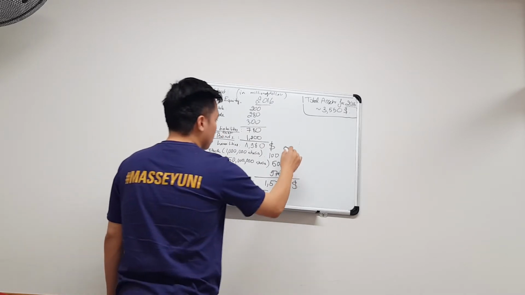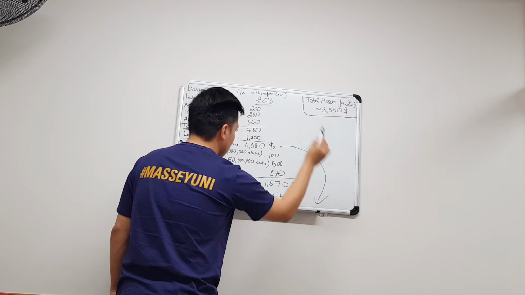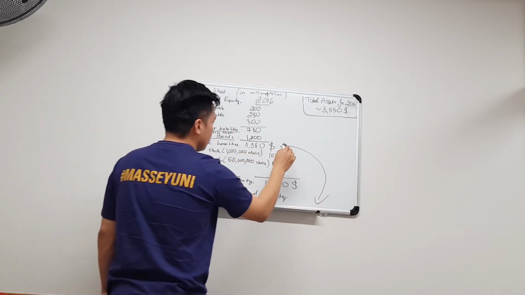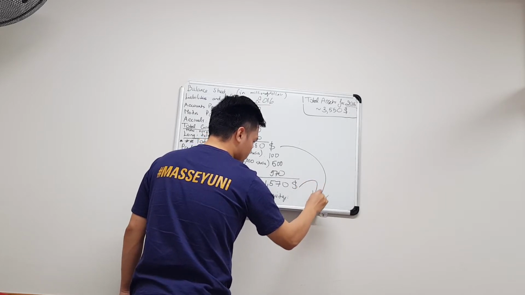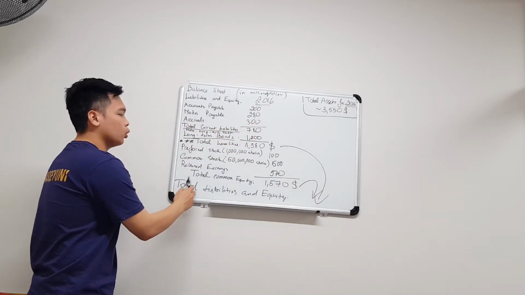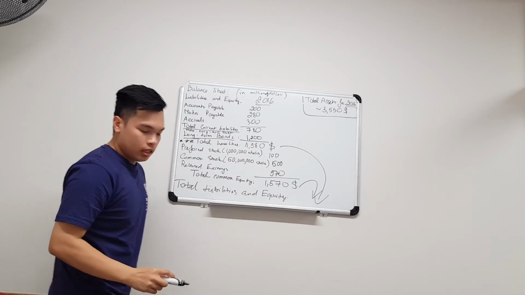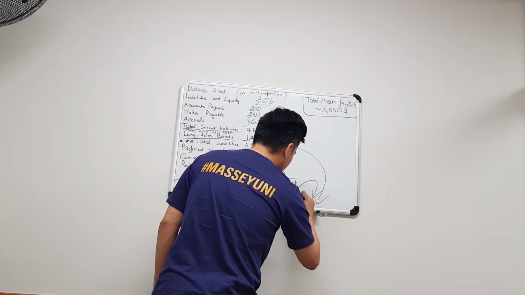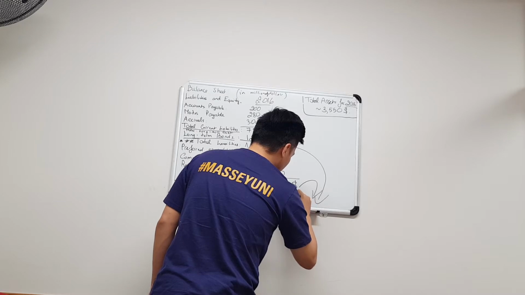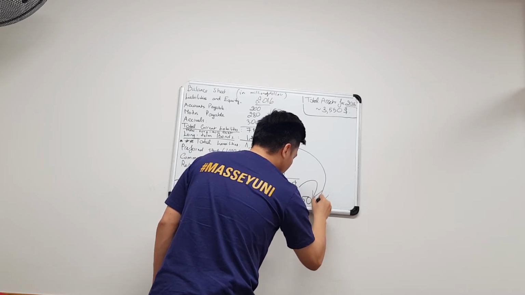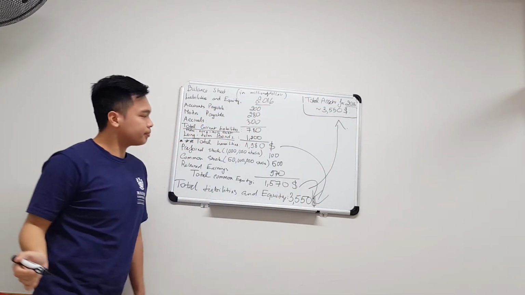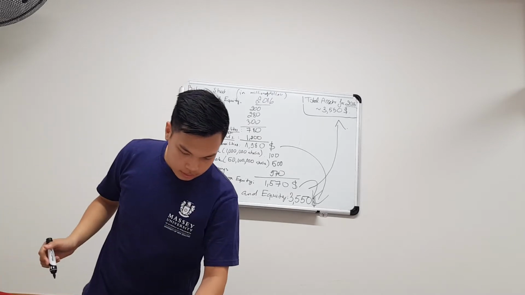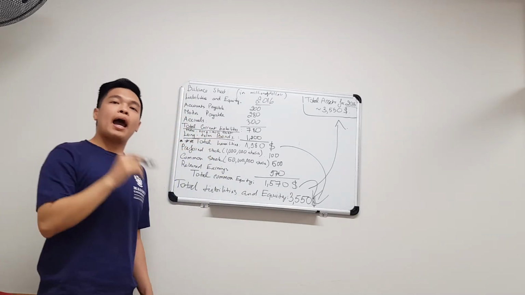Then we sum across total liability and total equity. We will have total liability and equity here equal to $3,550, exactly the same as total assets. Okay, so that's it, the balance sheet.